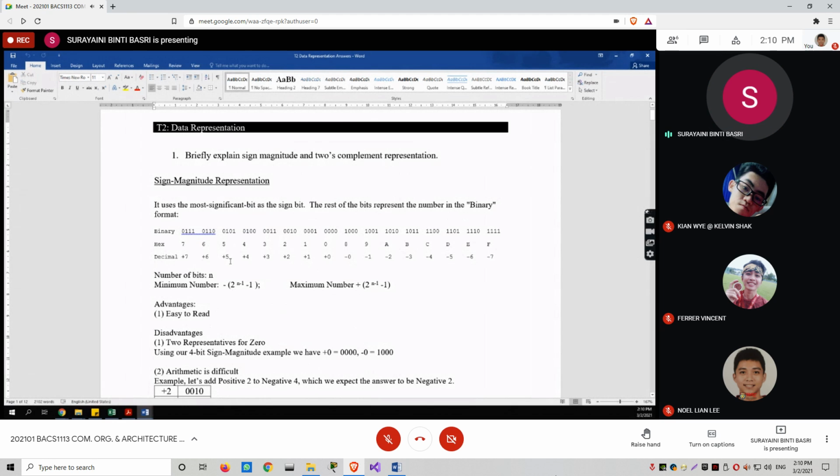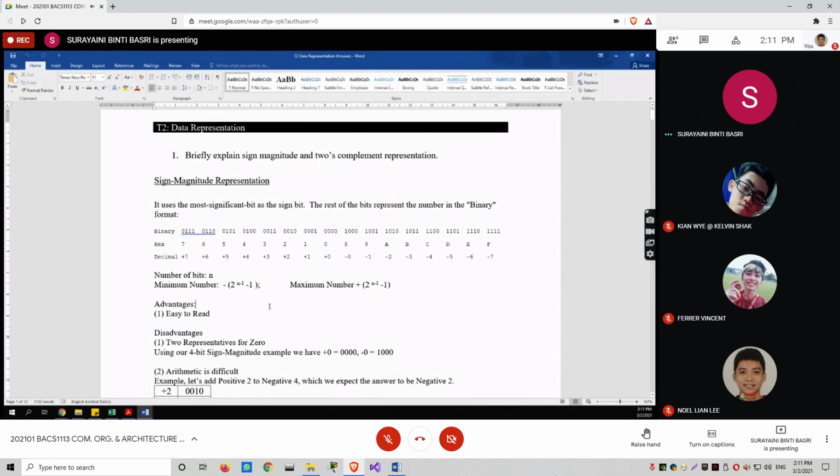So in decimal, it can be represented as positive 7, positive 6, and this one is negative 0 because the sign bit is 1, and there is also a positive 0 here, because the sign is positive and the rest are all 0.